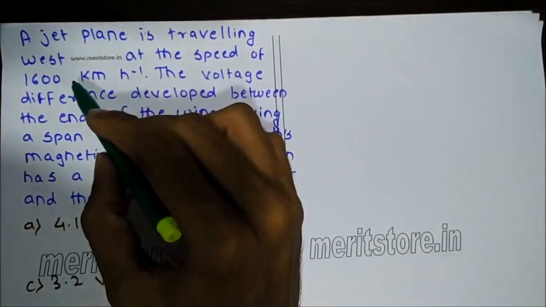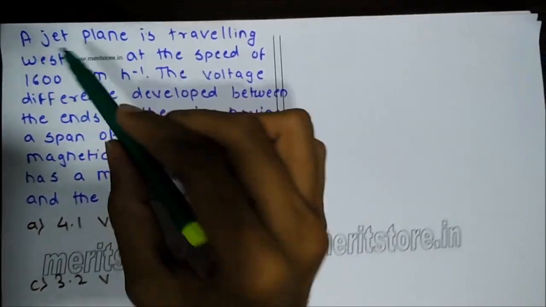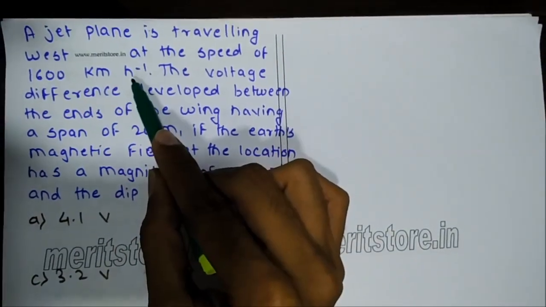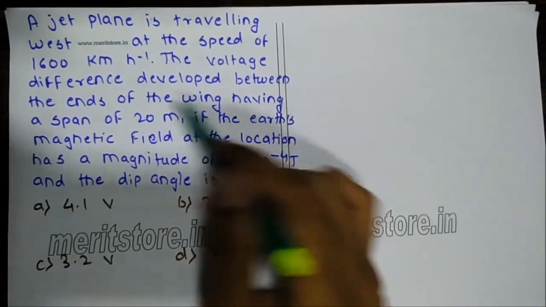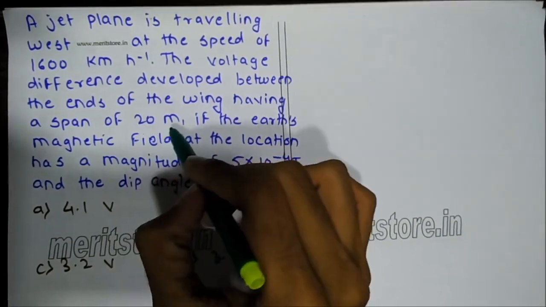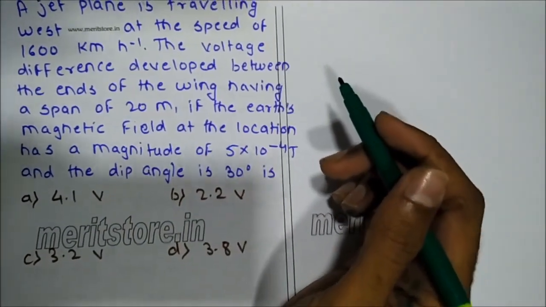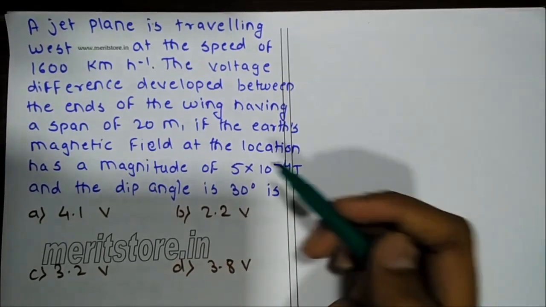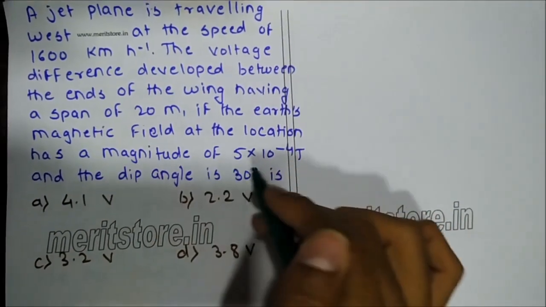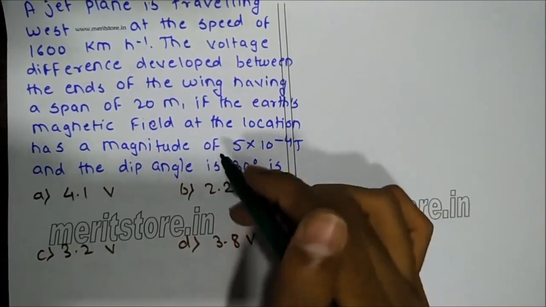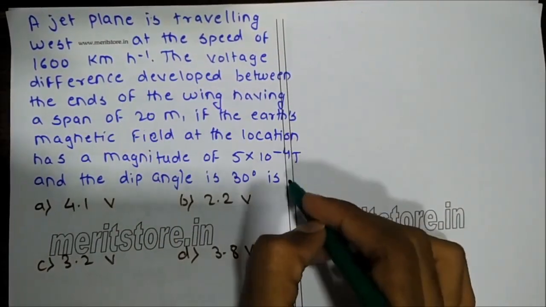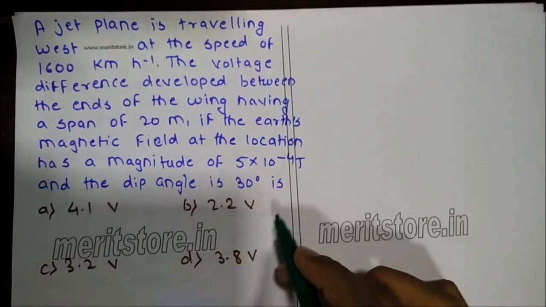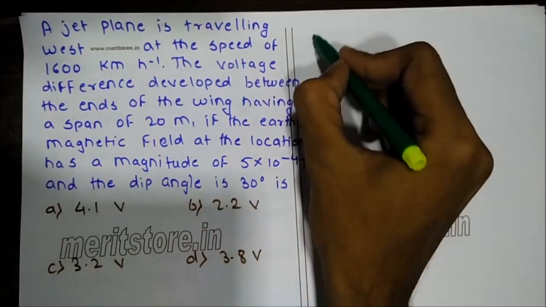A jet plane is traveling west at a speed of 1600 kilometers per hour. What is the voltage difference developed between the ends of the wings having a span of 20 meters, if the Earth's magnetic field at the location has a magnitude of 5 into 10 raised to minus 4 Tesla and the dip angle is 30 degrees? The options are 4.1, 2.2, 3.2, or 3.8.